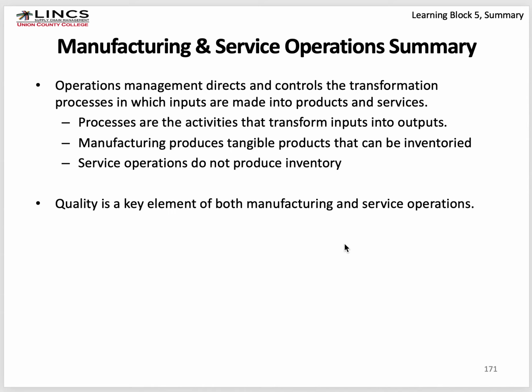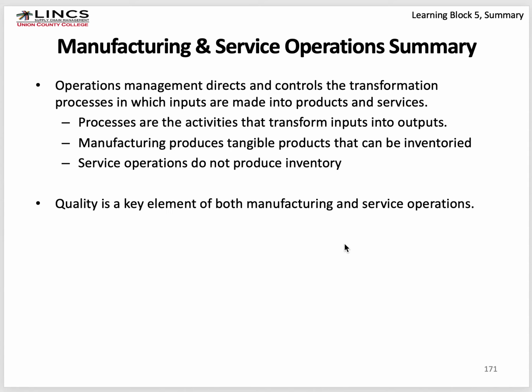So the summary in this part is that processes are the activities that transform inputs into outputs. Manufacturing processes produce tangible outputs that can be inventoried. Service operations provide a capacity to provide the service, but it's not inventoriable.